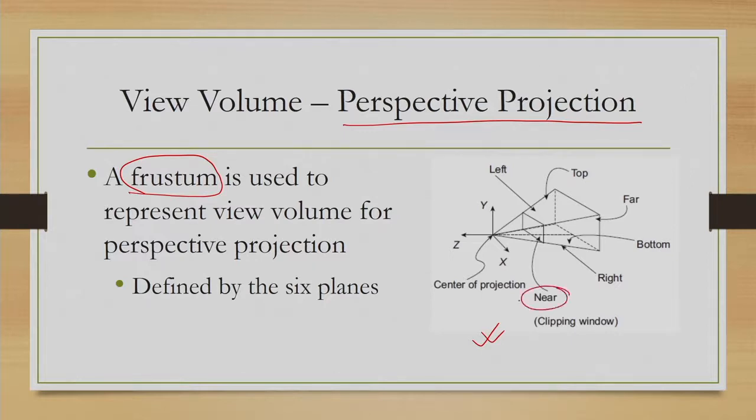So, we have near plane, far plane, right plane, left plane, top plane and bottom plane, and the near plane contains the clipping window. So, essentially the idea is same with parallel projection, in the sense that in both the cases the near plane is the plane where the clipping window is situated.